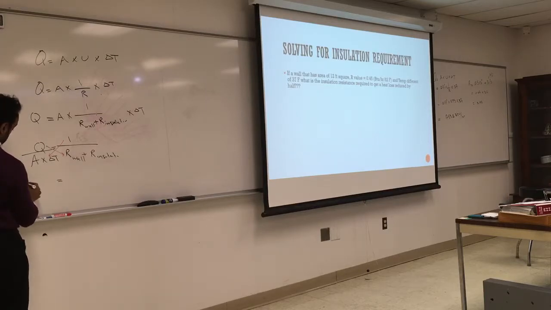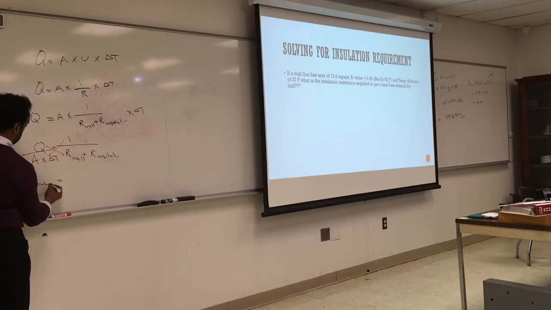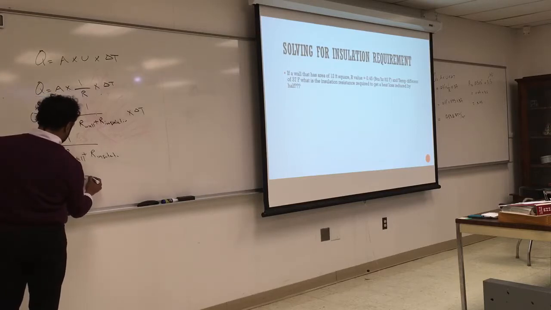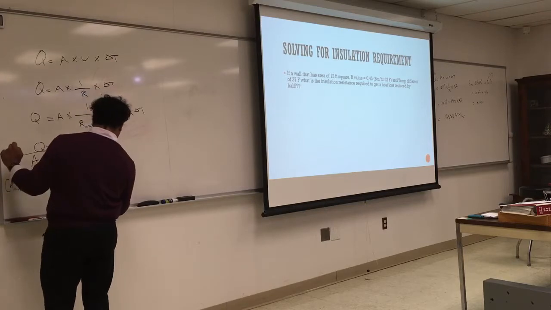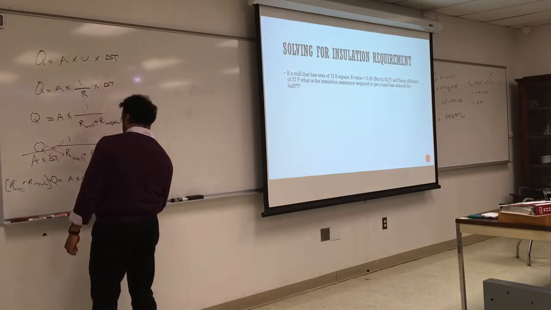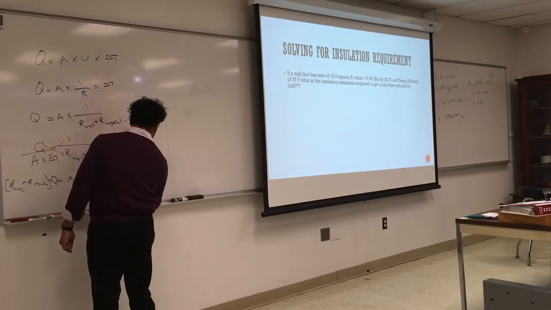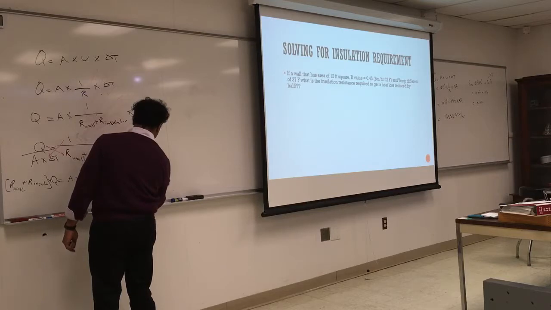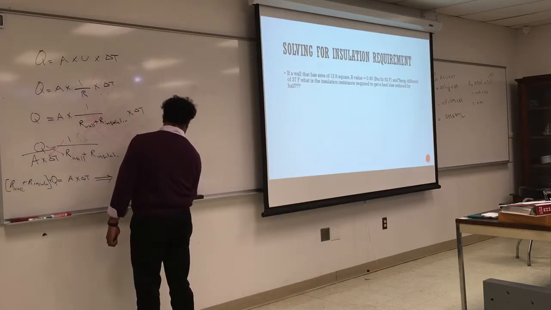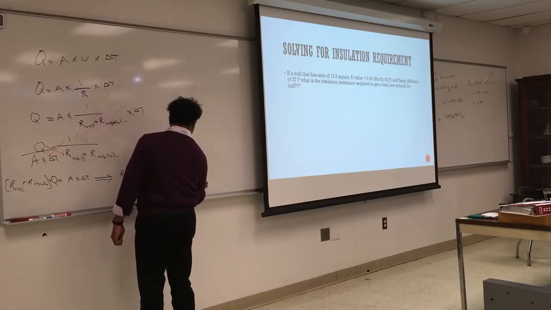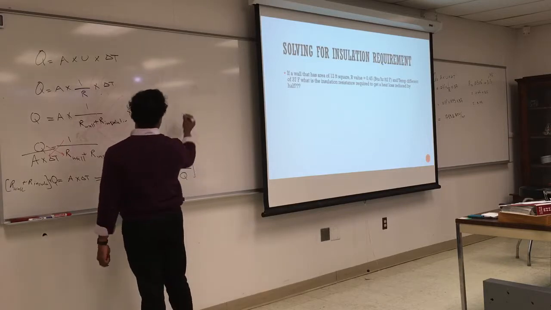R wall plus R insulation times Q equals area times delta T, and this will be, do all the steps. I'll go here.